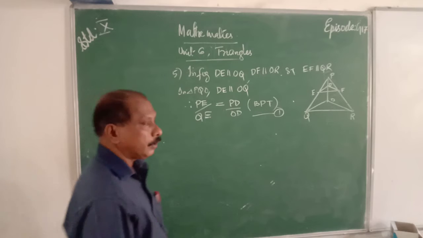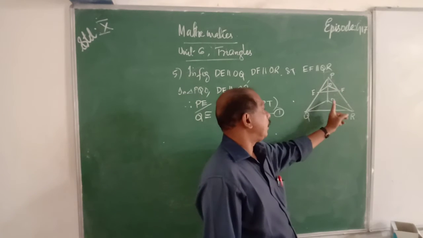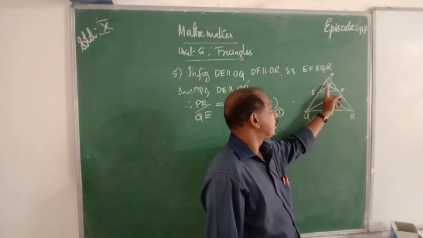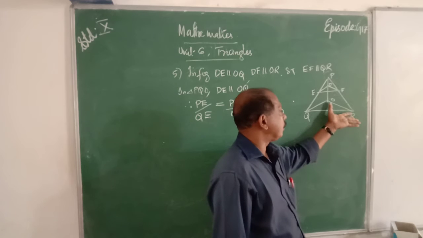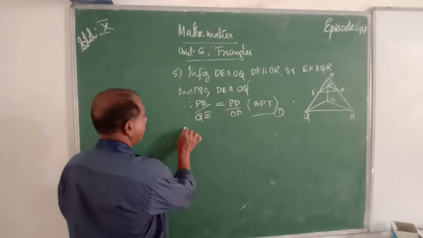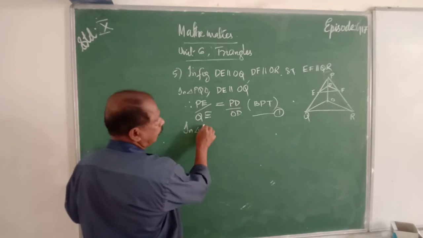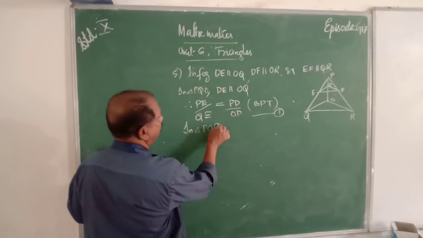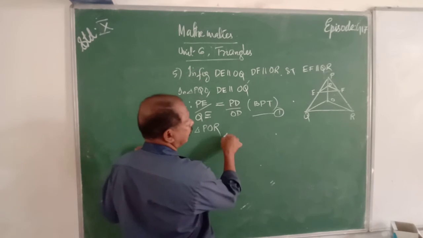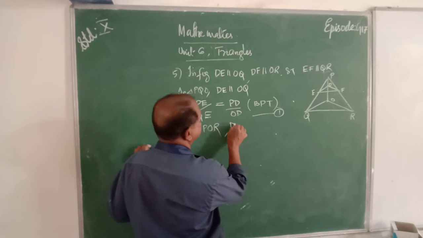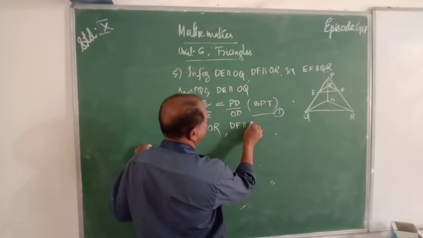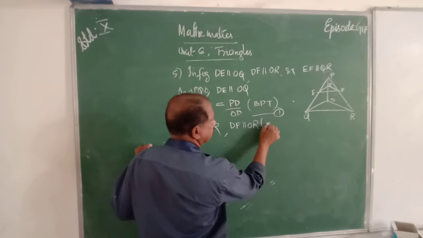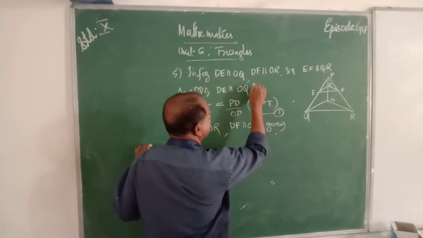In the second triangle POR, DF is parallel to what? In triangle POR, DF is parallel to what? This is given. This is also given.